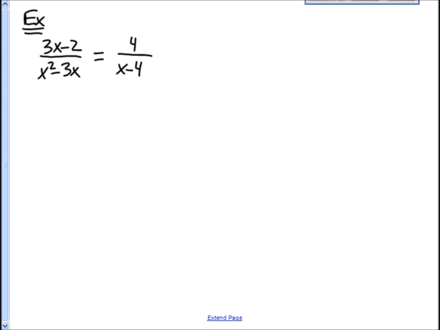So you could go about getting a common denominator of both sides if you wanted to, or you could just say, you know what, at this point, I'm just going to multiply and get rid of my denominators here. So I'm going to multiply this side by x squared minus 3x. You notice that'll cancel that, right? Which means I got to do this side by x squared minus 3x, right? So now I would have, let me rewrite this.